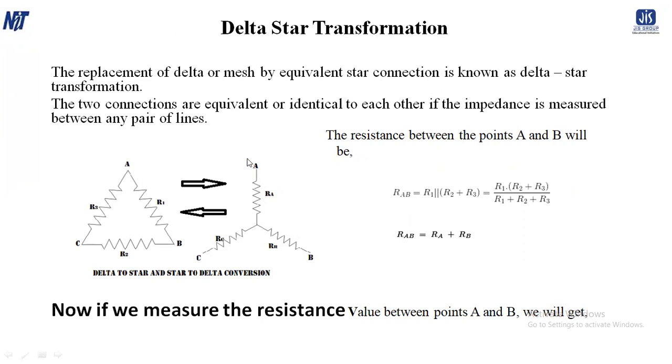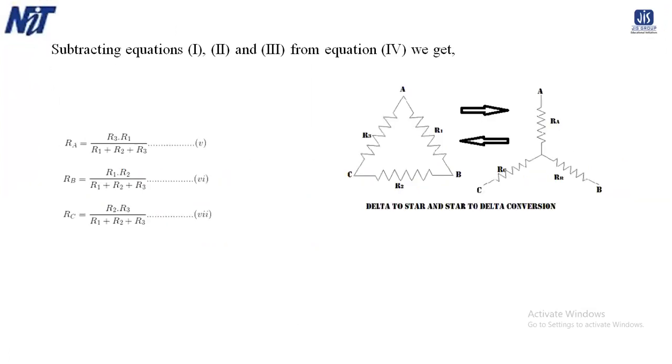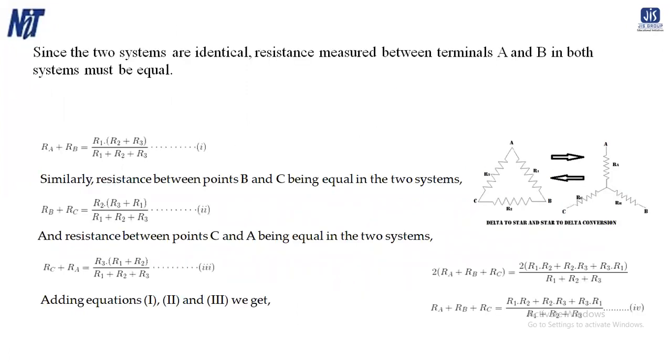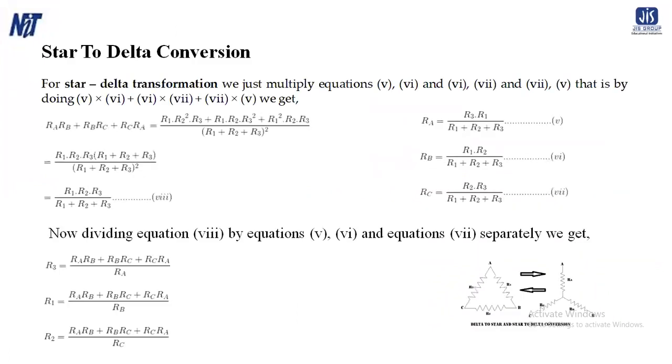Similarly, we find the same value for the star network, and then we equate them. After that, we sum all the equations, and finally we get the equations for RA, RB, RC. RA, RB, RC are the resistances of the star network, and on the right hand side there are the values of the delta network. So putting in the values of the delta network, we can easily find the star network values.